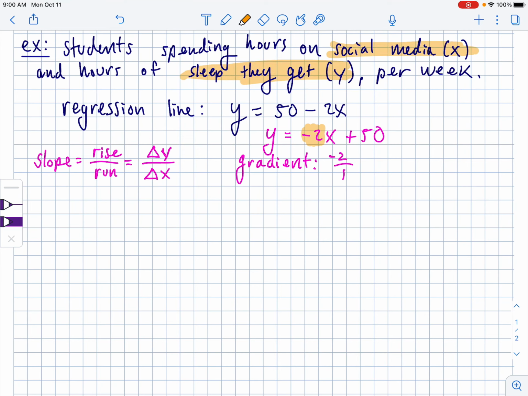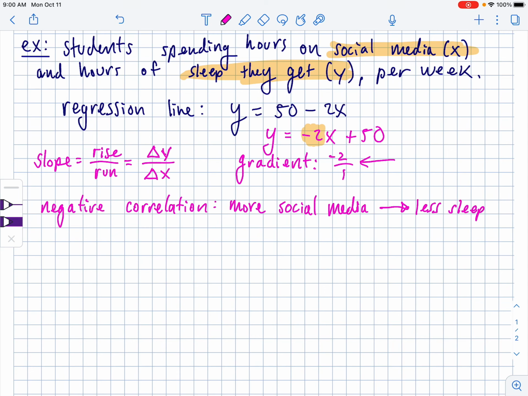What this means, since y is the sleep and x is the hours on social media, the interpretation of this right here, well, first of all, it's negative. So negative correlation implies that the more hours spent on social media, the less sleep, because of the negative slope.